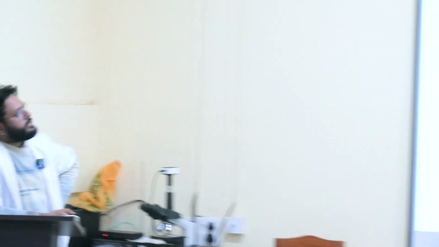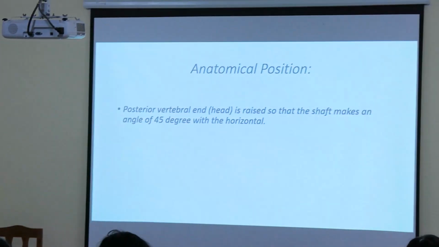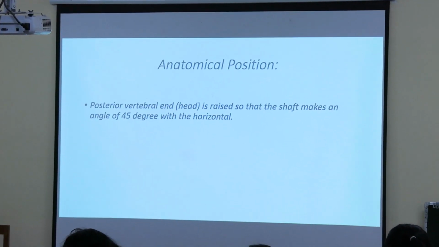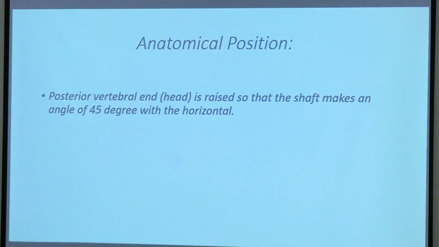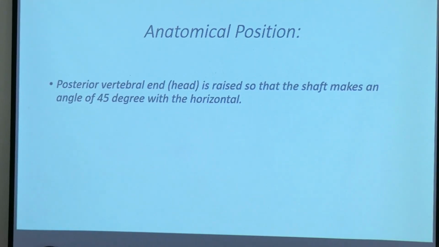But in anatomical position, you have to hold it at a 45-degree angle. It will make a 45-degree angle with the horizon. The posterior end is raised so that the shaft makes an angle of 45 degrees with the horizontal. That is the anatomical position.